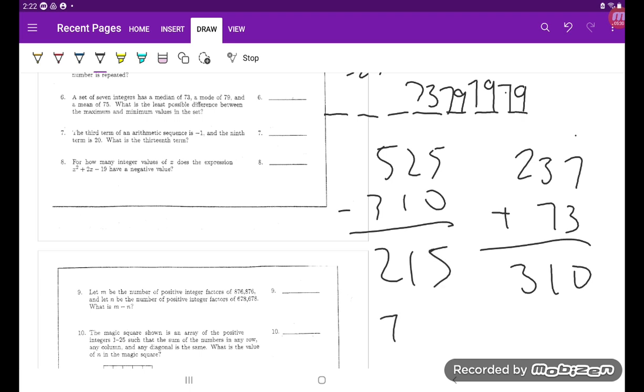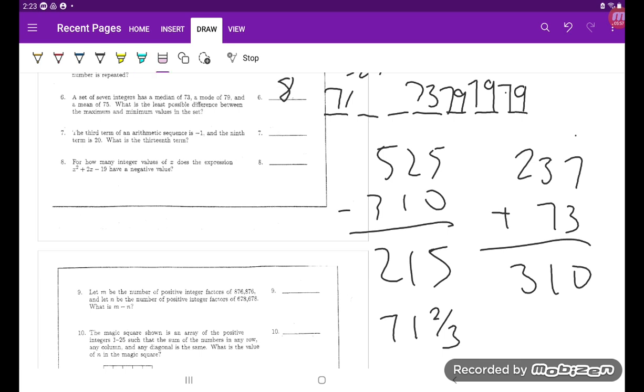Divide that by 3, and that's 71 and 2/3. Then there's no way to get three 71s or three 72s in here, which means the first number should be 71. So the least possible difference is 79 minus 71, which is 8.